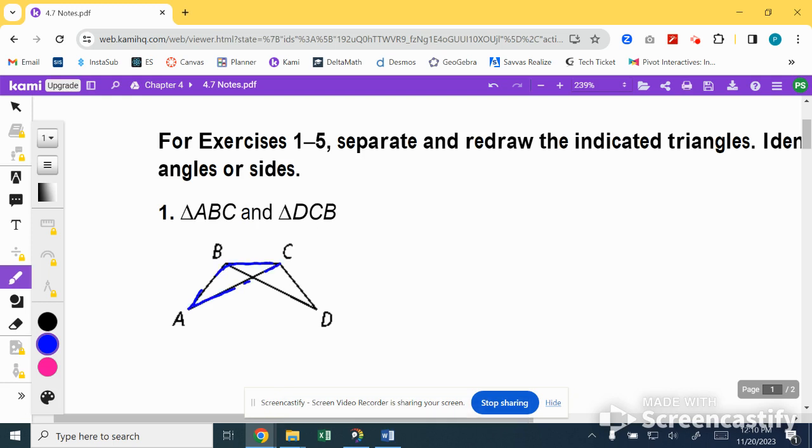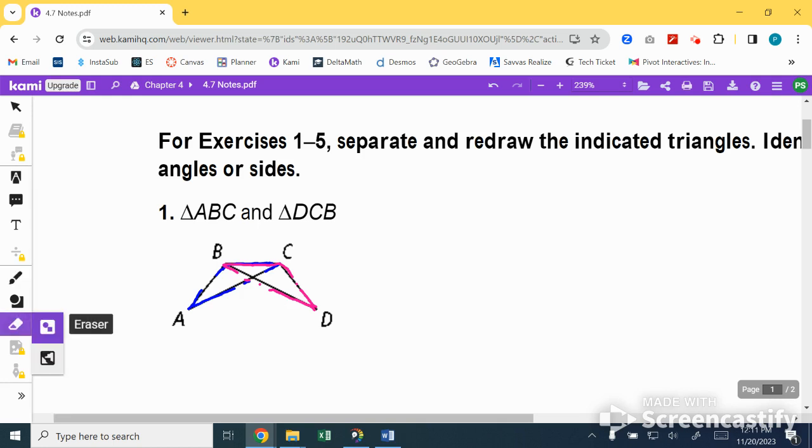And we also have triangle DCB, which is this one, DCB. And so what we're going to have to do is redraw these triangles where we literally pull them apart. And then we'll be able to find any sides or angles that are in common in both of these triangles. So let's go ahead and get this done.